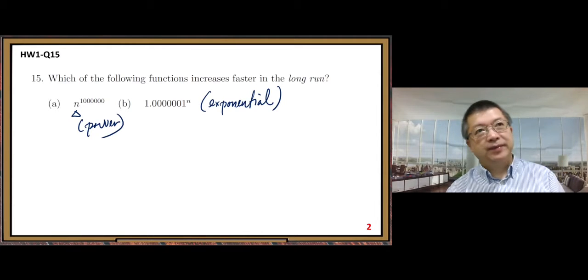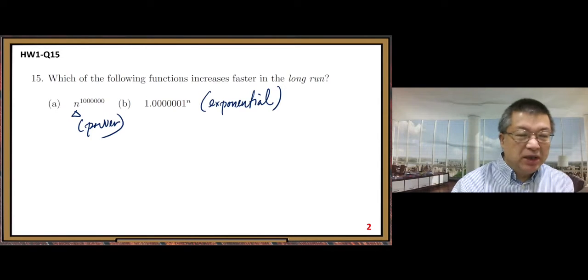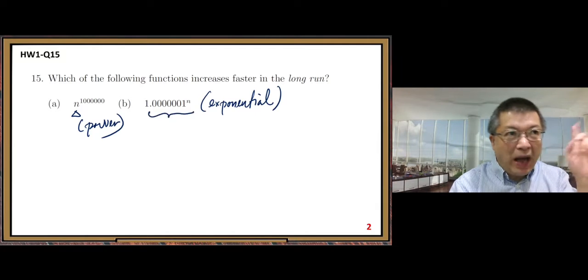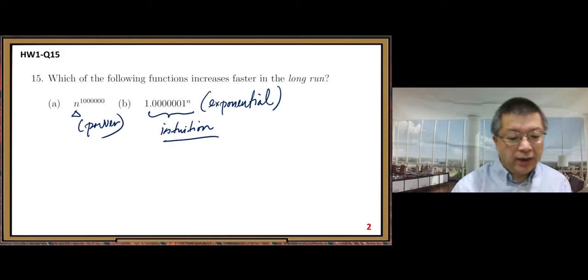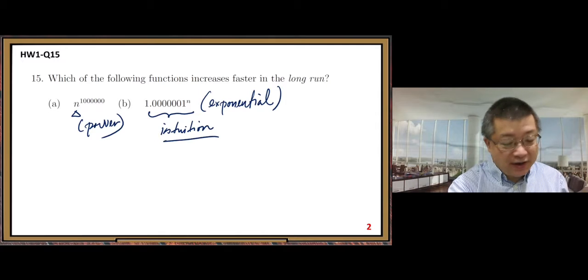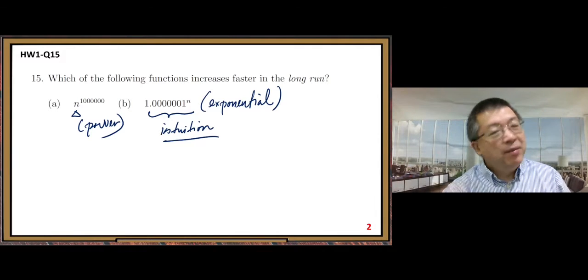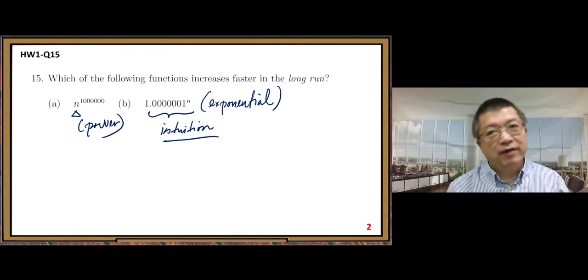Here again, many of you may like to use your intuition, because here also there are many zeros. I can put a few more zeros there, but it is not that important.